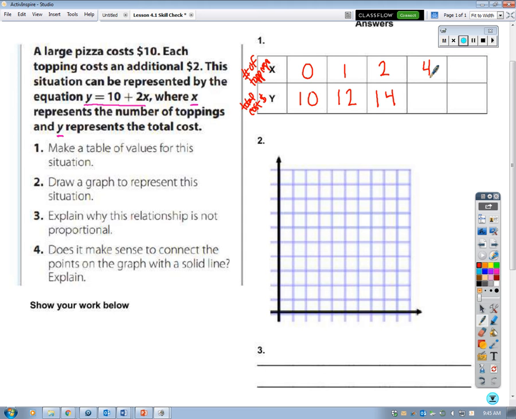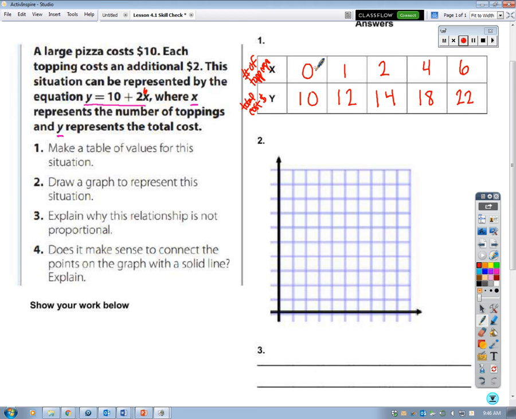Oh, I tricked you. 18, right? And how much is a pizza with a bunch of toppings, like 6? 2 times 6 is 12, plus 10 is 22. We got it.